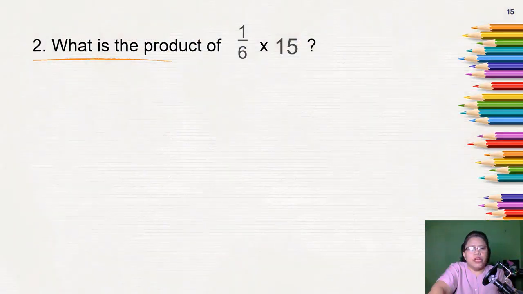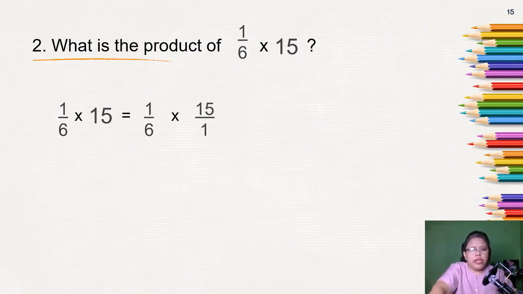Let's have number 2. What is the product of 1/6 times 15? Okay, so 1/6 times 15, ginawa natin itong 15 over 1, di ba? So, 1/6 times 15 over 1. And then, ano ang pwede nating i-cancel? So, ang 6 ay pwedeng i-divide by 3.